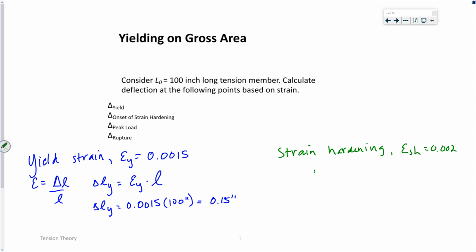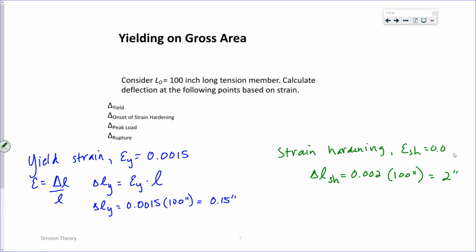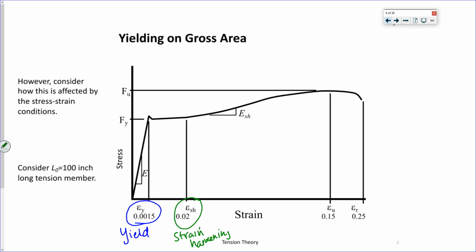My change in length associated with that is 0.002 times 100 inches, 2 inches, or no, 0.2. Oh wait, hold on, 0.02, not 0.002. So just this tiny little bit right here, you go from 0.15 inches to 2 inches.